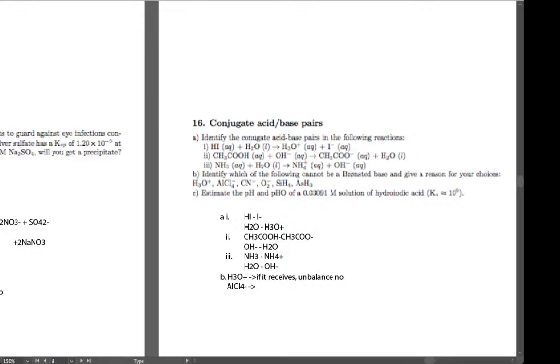For AlCl4 minus, it would be a base because it needs a proton to be balanced. And then for CN minus, the same: base, it needs to be balanced.